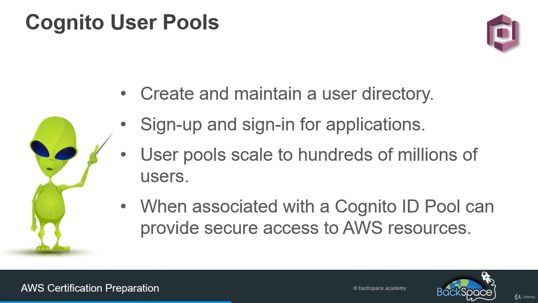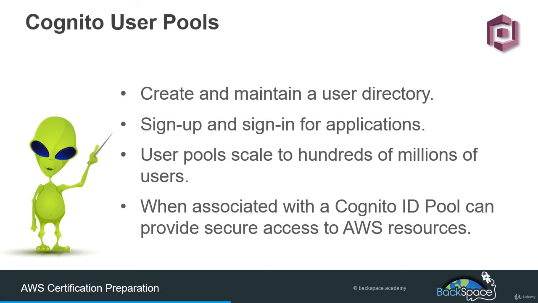The Cognito user pools allow us to create and maintain a directory of our users, obviously by the name of it. It allows sign up and sign in capability for our applications, and those user pools can scale to hundreds of millions of users. So if you're going to create the next Facebook and you want to use Cognito as your sign-in for it, hey, it can handle it.